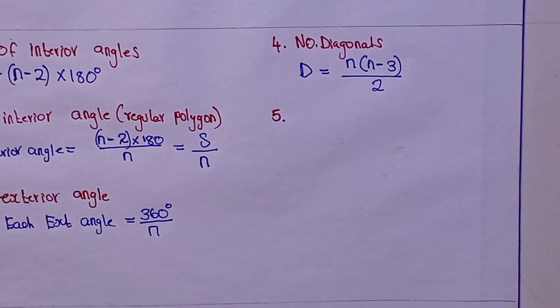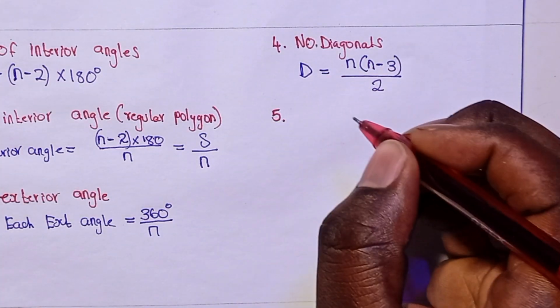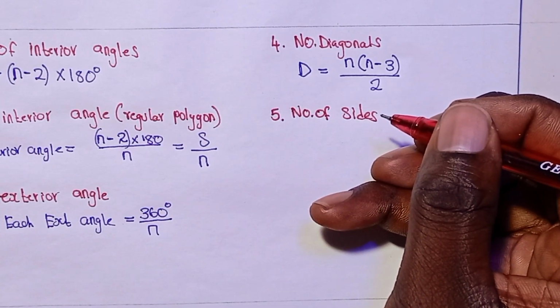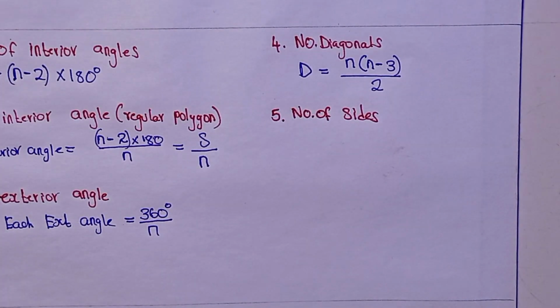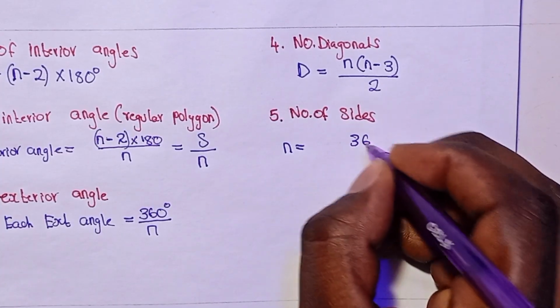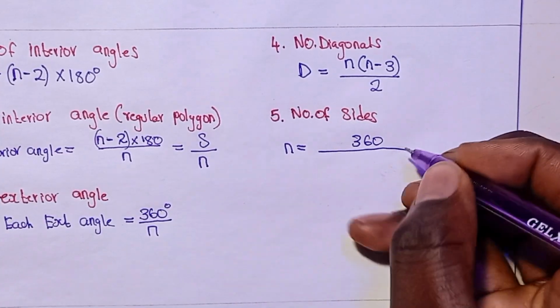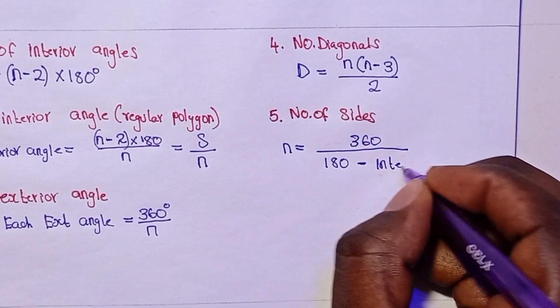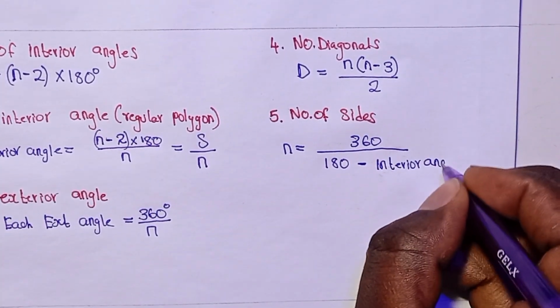So the fifth formula that we need to know is the number of sides if one angle is known. So number 5, the number of sides if one angle is known from the interior angle. The formula states that the number of sides n is given by 360 degrees divided by (180 minus the interior angle).